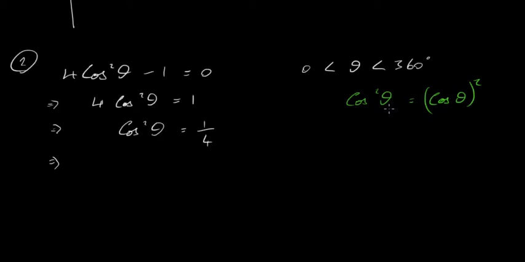It's just the way we would write cos theta all squared. So get the square root of both sides. On the left hand side we just end up with cos theta. On the right hand side, because we're square rooting it, it's actually going to be plus or minus 1 over 2.